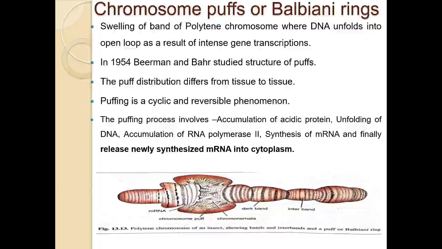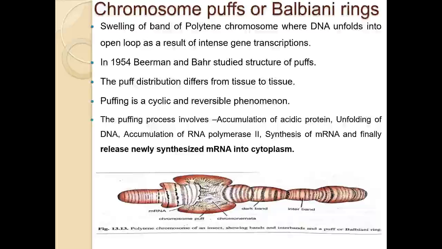The next point is the chromosome puff or the Balbiani rings. It is the swelling of a band of the polytene chromosome, where DNA unfolds into an open loop as a result of intense gene transcription. The chromosome puff is a loop-like structure that appears in the polytene chromosome, and it occurs due to unfolding of the DNA, and the unfolding occurs due to transcription.